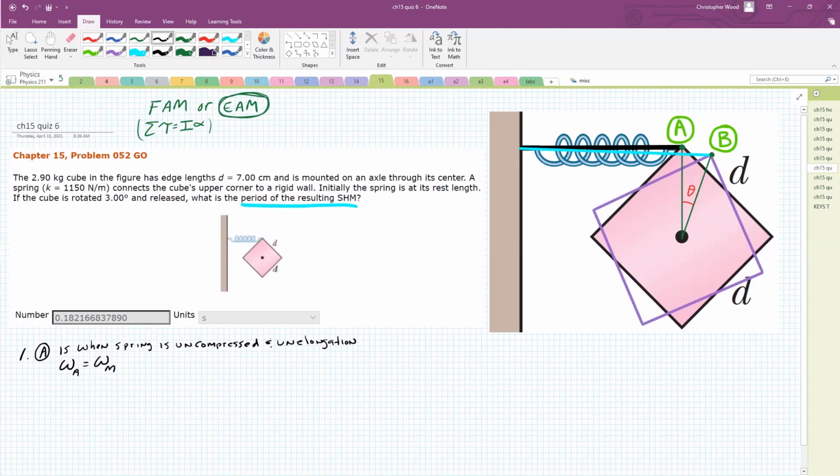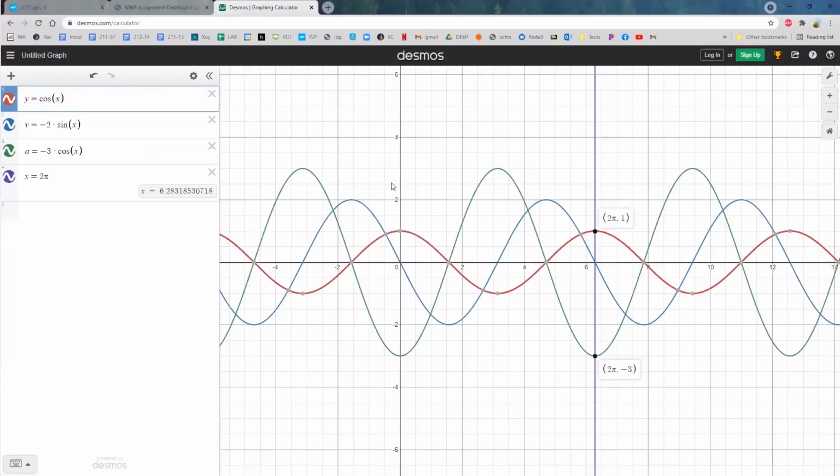Because, and this goes back to this view right here, Desmos, which I think I might have deleted. Did I? Hang on. Oh, it's right here. Okay, this goes back to this reference. I know, I'm pretty smart now. I know the relationship between position, velocity, and acceleration for simple harmonic motion.